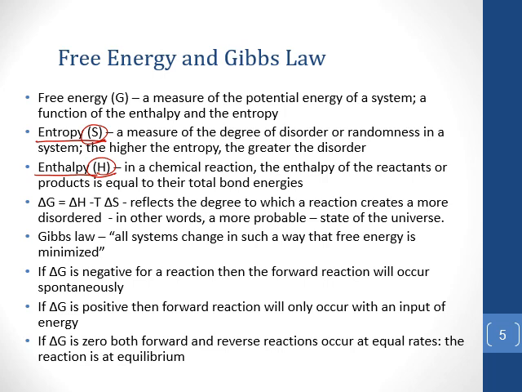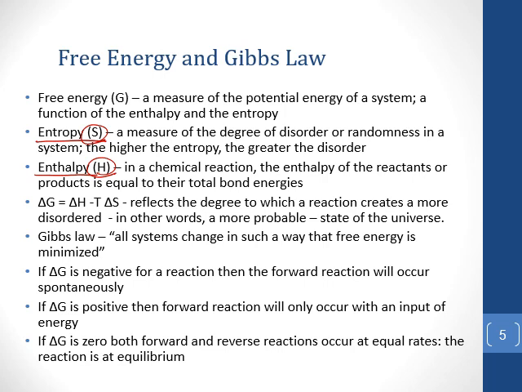So when we calculate delta G, we're calculating a change in free energy. And what we expect is that if the change in free energy decreases or is minimized, that's going to be a spontaneous reaction. Because Gibbs' law is perfectly consistent with the second law of thermodynamics, which says under normal conditions, that's what's going to happen to a system.